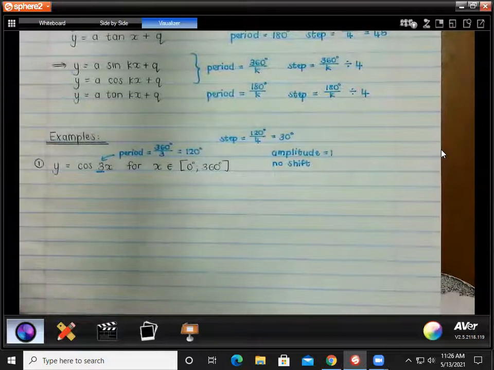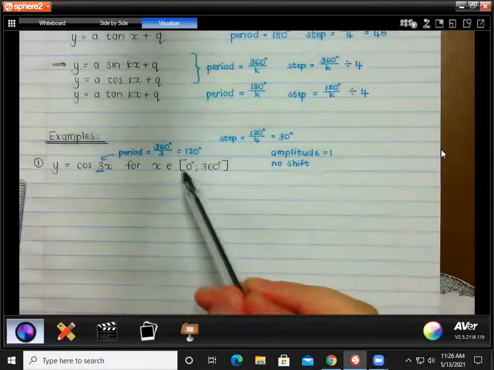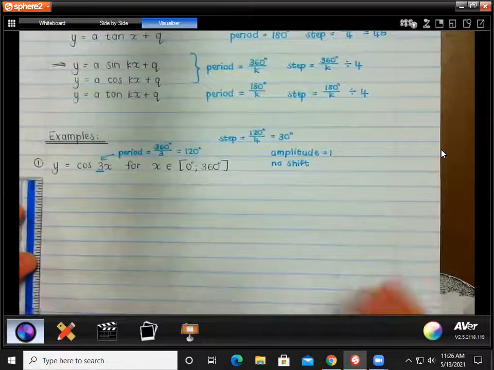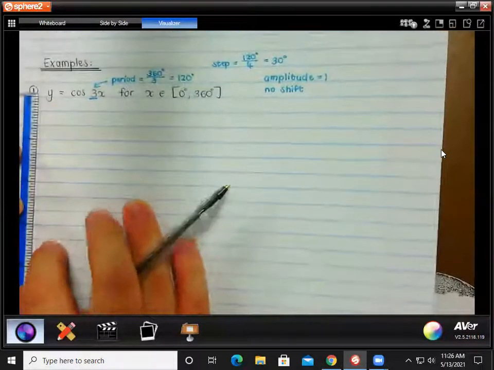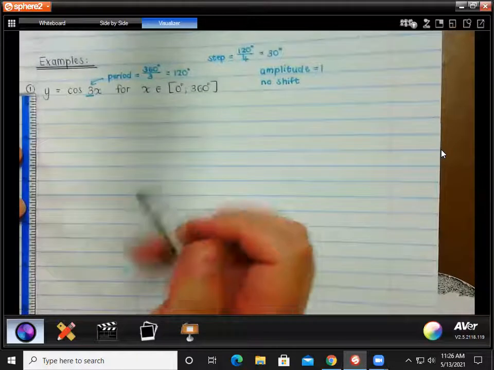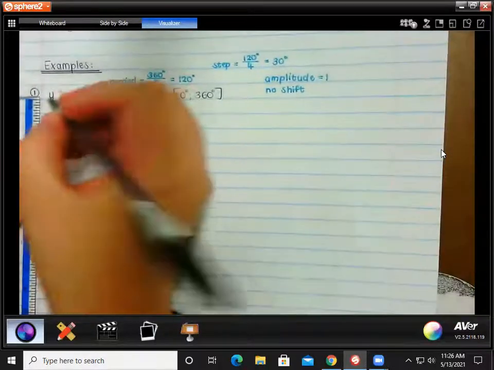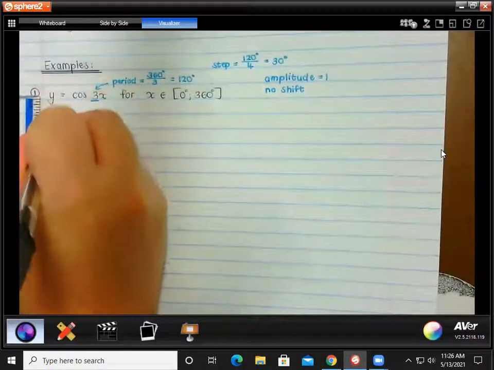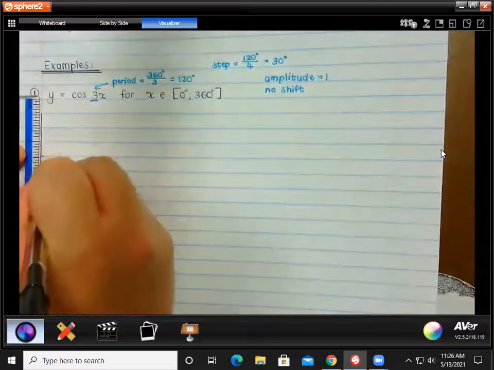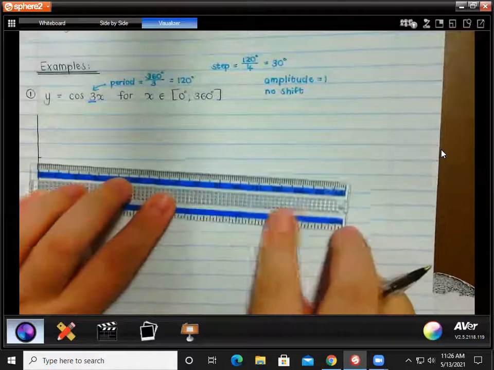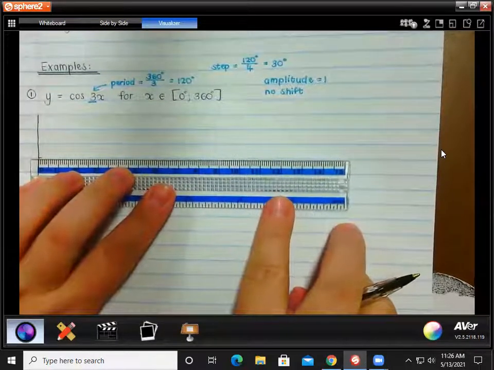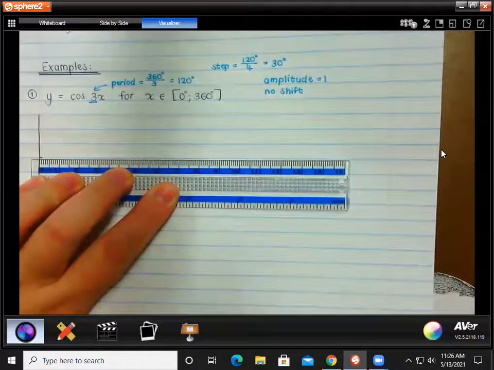Okay, let's draw some axes here. We're just going from 0 to 360, so we don't need a negative x-axis. So we can just draw our y-axis. Sorry, this book is slipping and sliding. Just draw the y-axis like this. Now we need to go from 0 to 360, but we need to have a point at every 30 degrees.